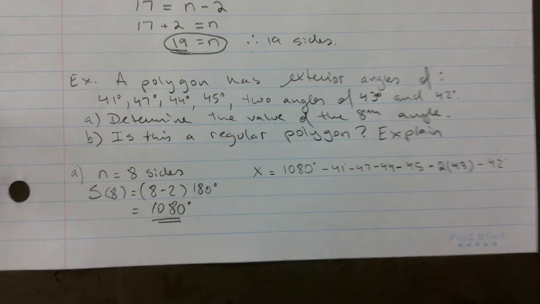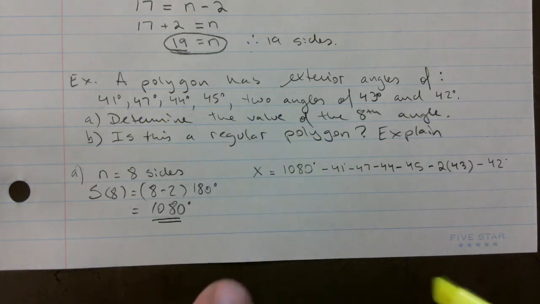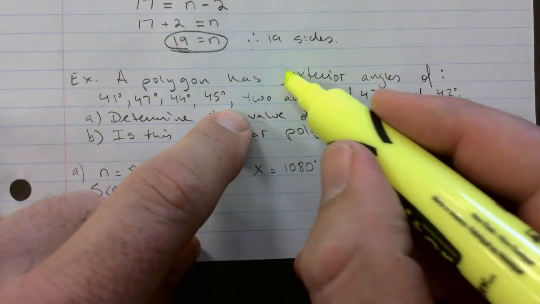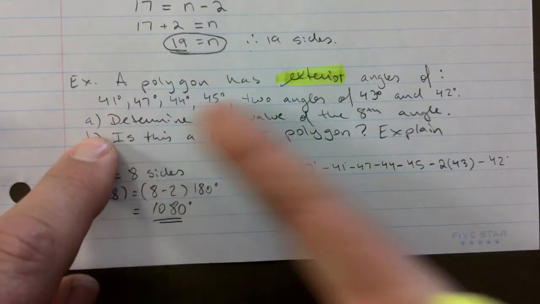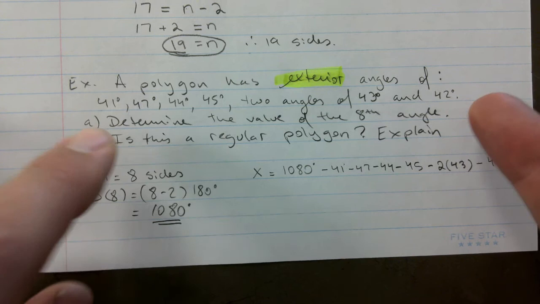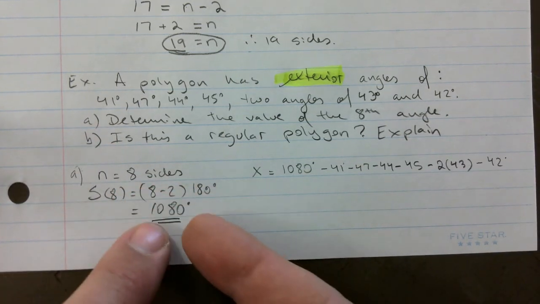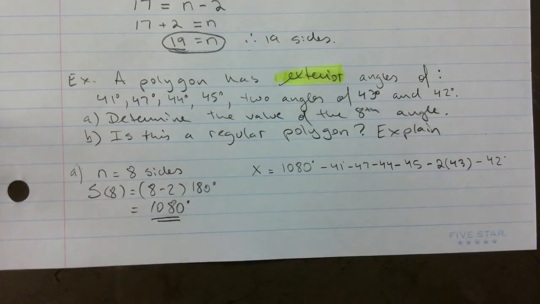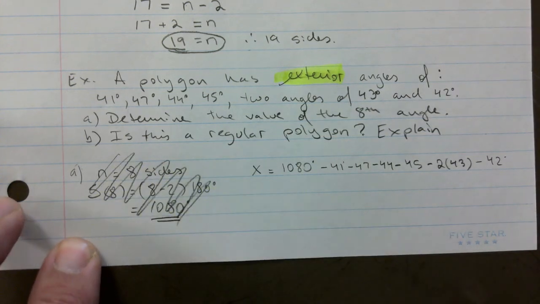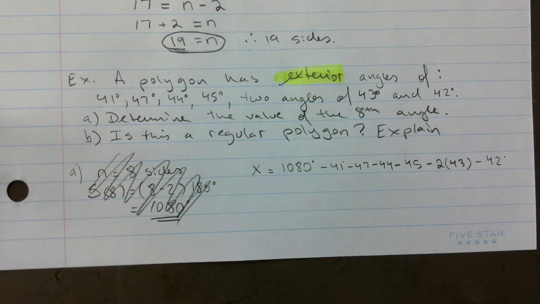Oh wait, sorry guys. Yeah, it's exterior angles. Do you notice this? And hopefully this just saved you from a mistake on a test. These are all exterior angles. What is this telling me? The sum of all interior angles, right? So teacher, wakey, wakey, right? So it's an easy fix.